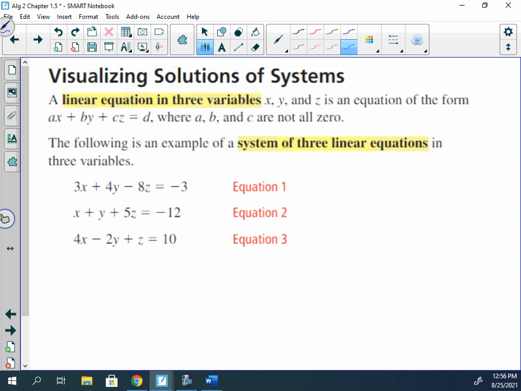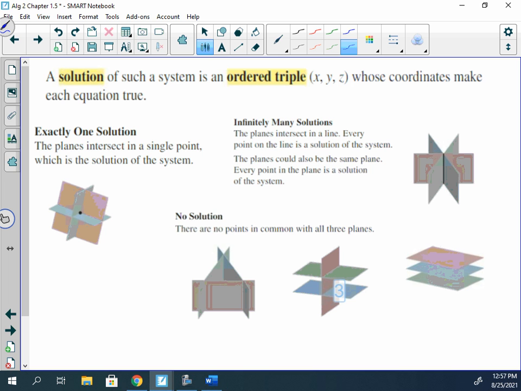So what we're looking at today is solving systems of equations with three variables and being able to figure out what the values of x, y, and z would be to make all three equations true. Now, in any one that we solve, we'll have one of three types of solutions. The first one is that we're going to have exactly one solution.